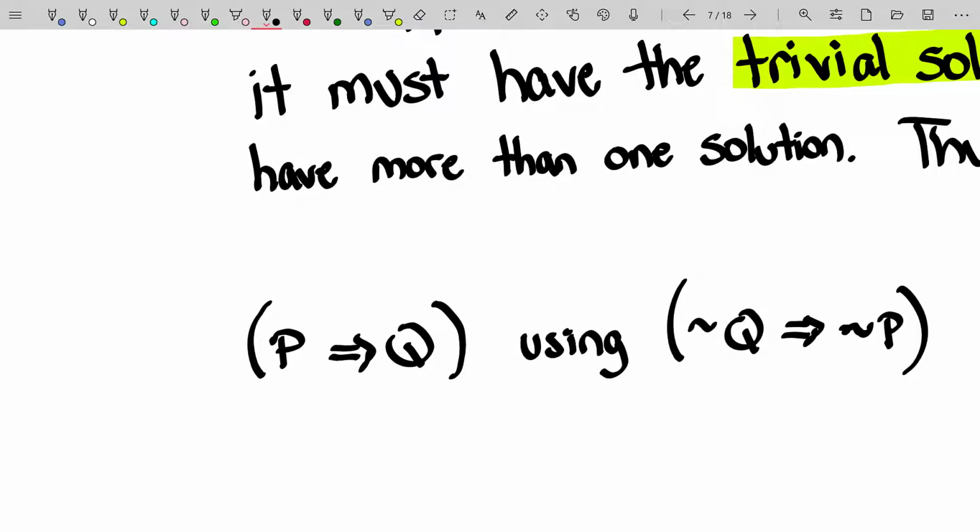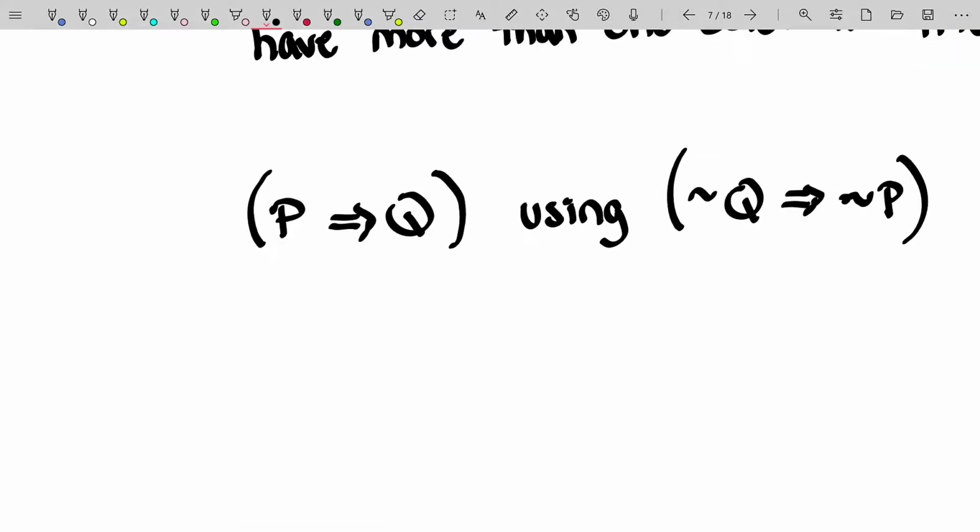That's contraposition. Those two statements are exactly the same statements, to be honest with you. And the very famous one that gets used all the time, and I actually use it as well, is if it's raining, then it's cloudy. P is the fact that it's raining.